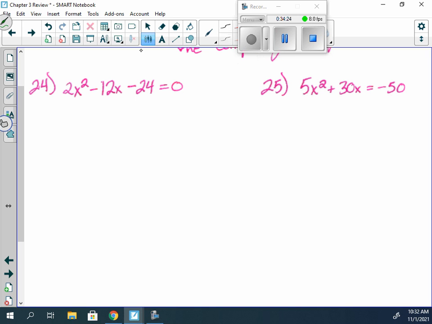Well, the first step in completing the square is, is A equal to 1? Well, no. So we need to make it so by dividing everything by 2. And what that would give us is x squared minus 6x minus 12 is equal to 0.